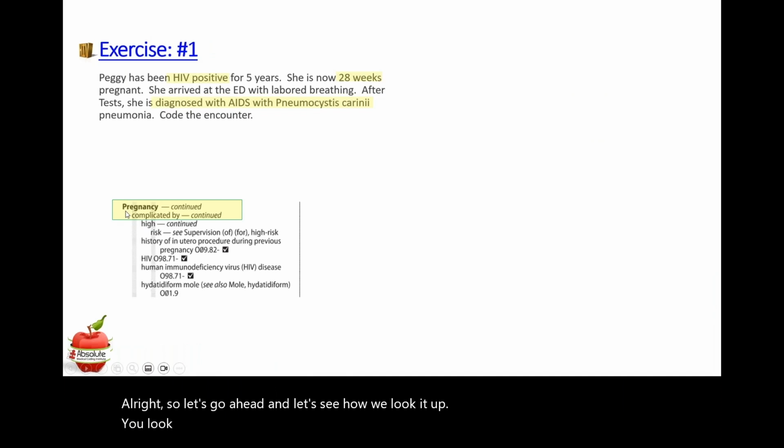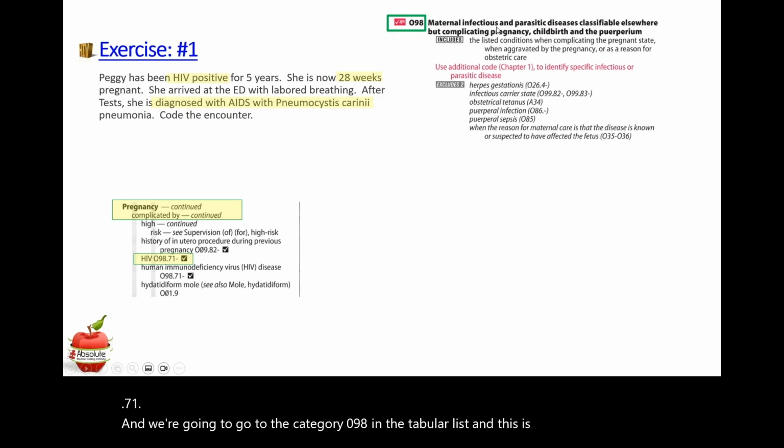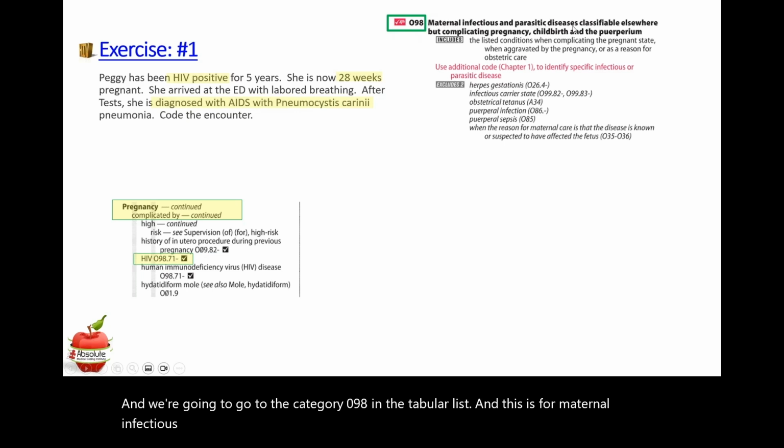You look up pregnancy complicated by HIV, and it tells you to go to O98.71, so we're going to go to the category O98 in the tabular list. This is for maternal infectious and parasitic diseases classifiable elsewhere but complicating pregnancy, childbirth, and the puerperium.